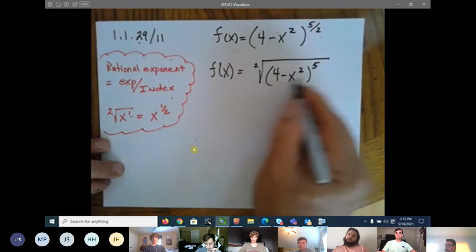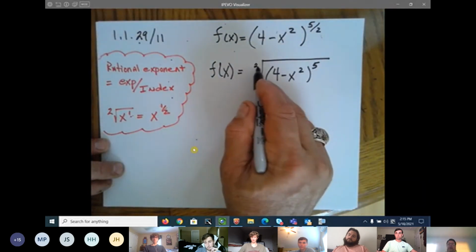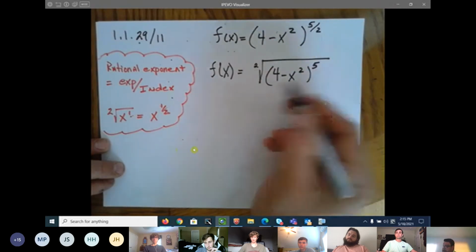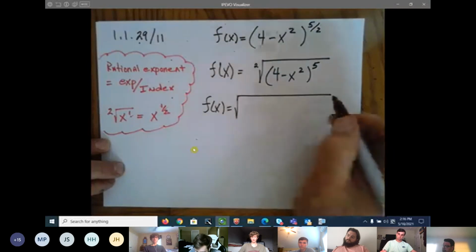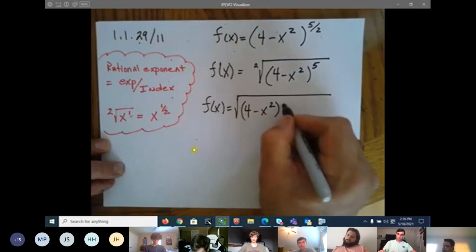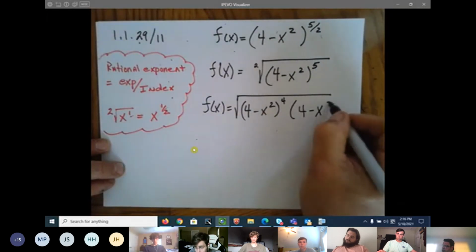So I'm going to rewrite this because I want to get an even exponent so I can take the square root of that even exponent. So I'm going to rewrite this as f of x is equal to the square root of 4 minus x squared to the 4th power times 4 minus x squared to the 1st power.